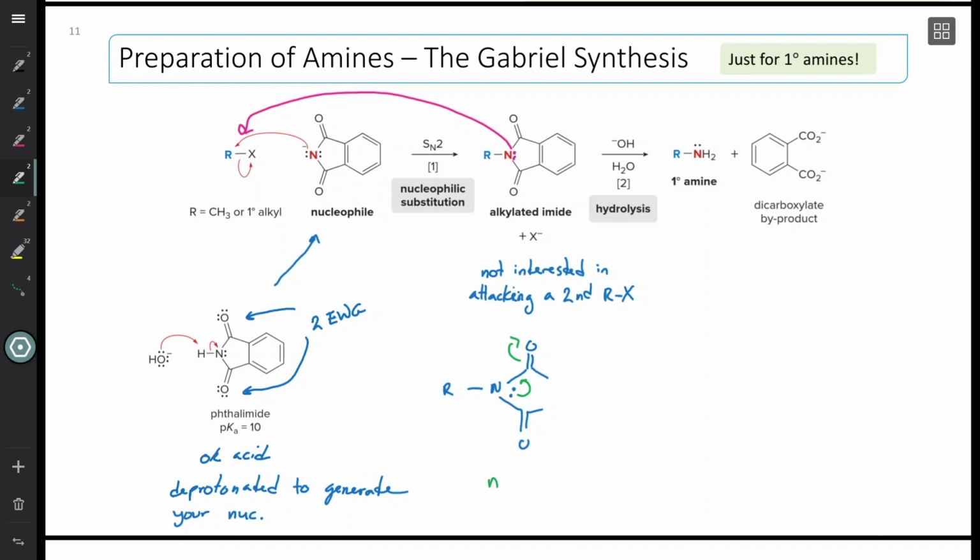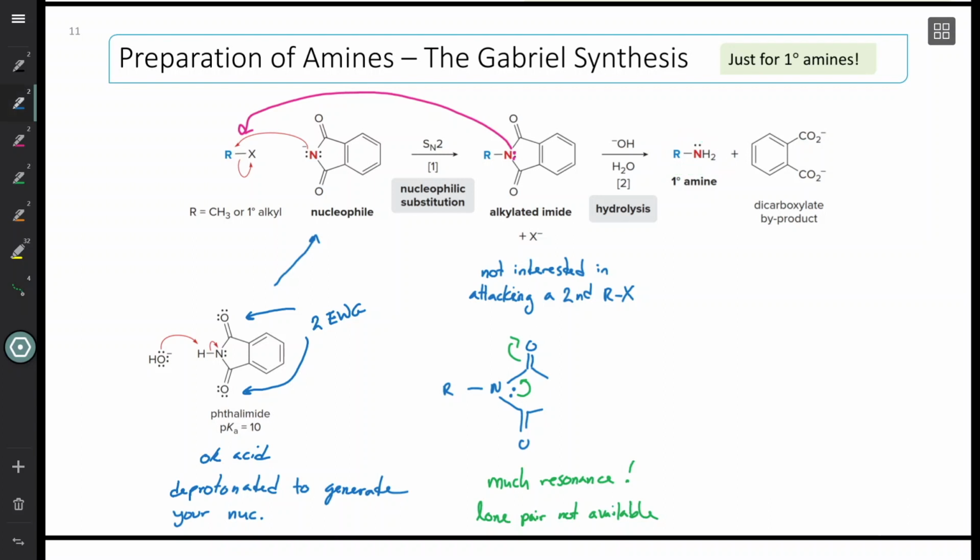So the lone pair is not available, so it's not going to keep reacting. It stops at this intermediate where you just have one R group, and then you do hydrolysis. So it's just basic conditions in water, and you release your amine, which is your product.